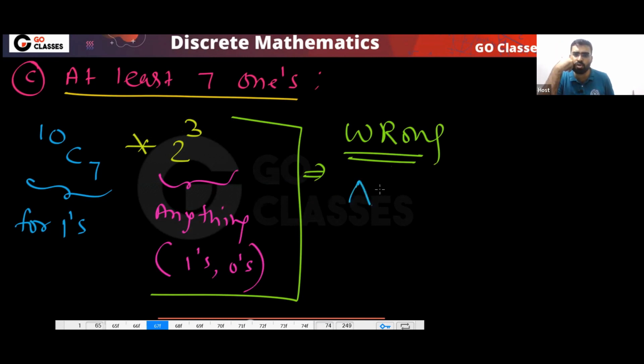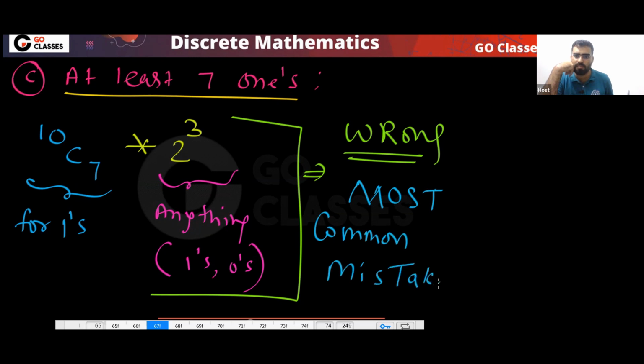This is the most common mistake. If anyone asks you what the most common mistake in combinatorics is, you can say this is the most common mistake.